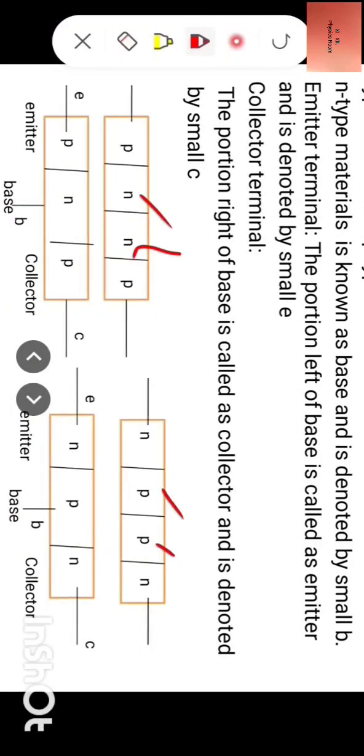Here you can see this n-type material sandwiched between two p-type materials is known as base. Here p-type material sandwiched between two n-type materials is known as base.